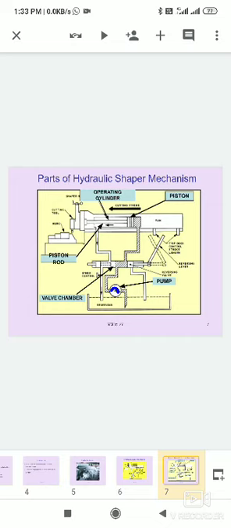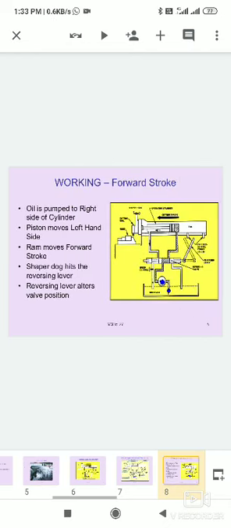This reversing lever moves from the left side to the right side, and these movements are also with the ram. Firstly, I will explain clearly on the next.